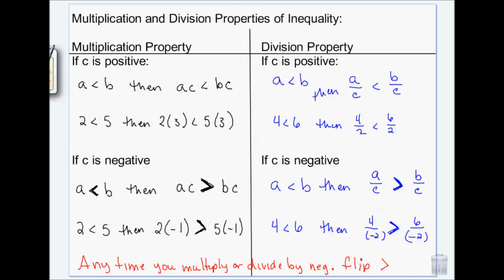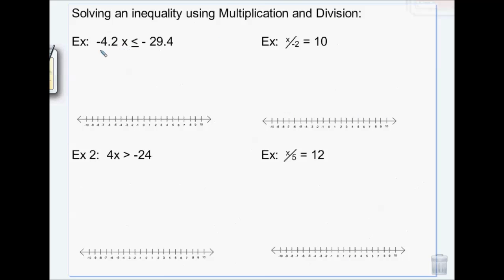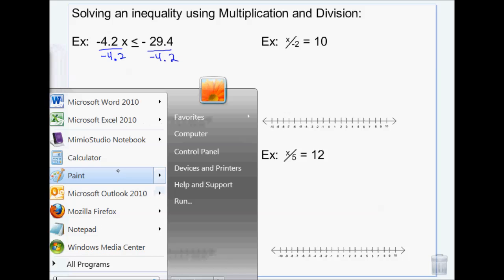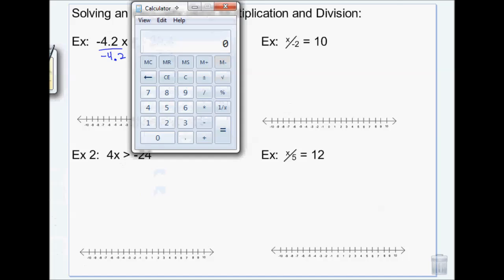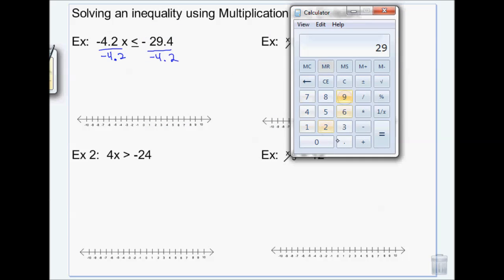Dividing by a negative. This is multiplication, so I have to divide by a negative. And I never memorized my 29.4s, so seven.